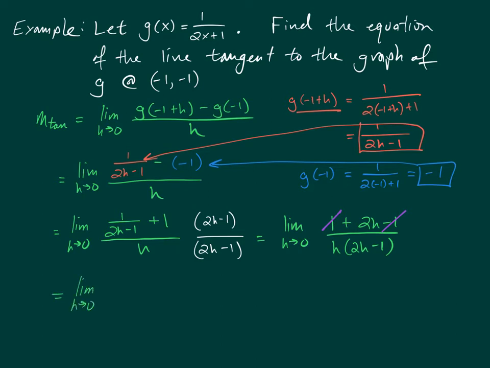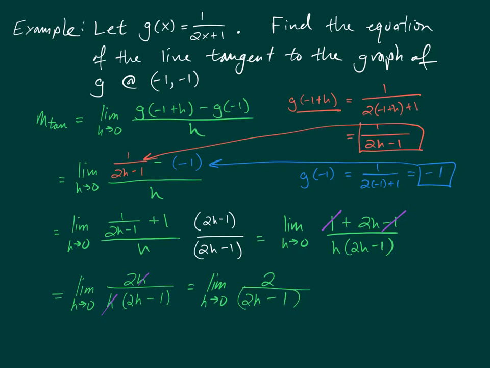This is 2h over h times 2h minus 1. This cancellation of the 1's allows me to reduce the h's here, which leaves me with the limit as h approaches 0 of 2 over 2h minus 1.